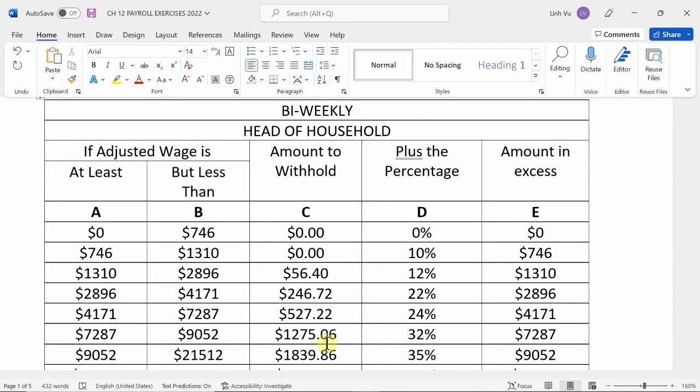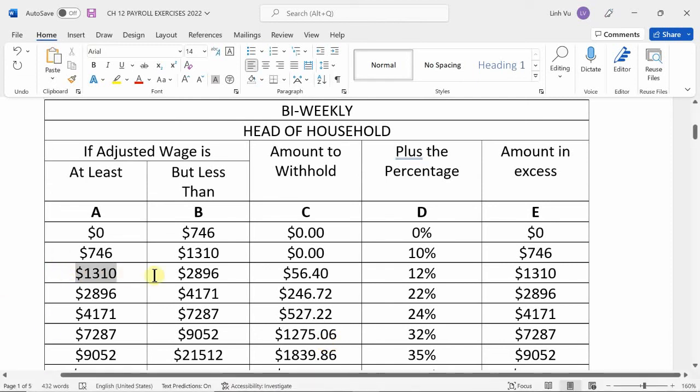So how we read the table: has he earned more than $0? Yes. Has he earned more than $746? Yes. Has he earned more than $1,310? Yes. But definitely not more than $2,896. So he's going to fall under this line right here, and I'm going to highlight that so you know.